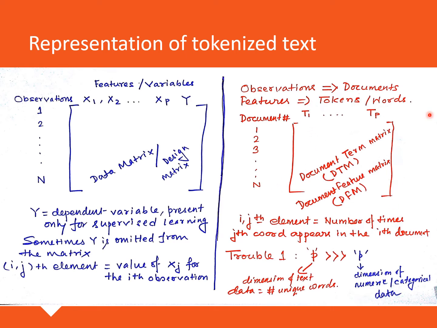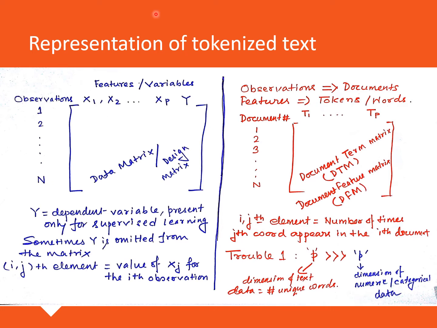This kind of representation is called a document term matrix representation or a document feature matrix representation, often abbreviated as DTM or DFM. In the rows you have the documents, and in the columns you have the individual words or tokens. This is analogous to what we see in the blue section, where we are dealing with numeric data.